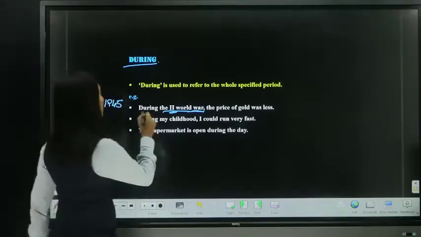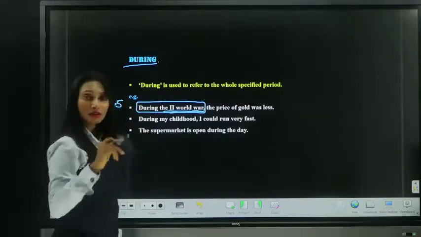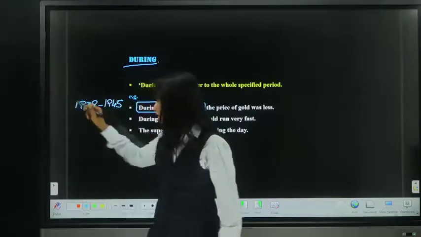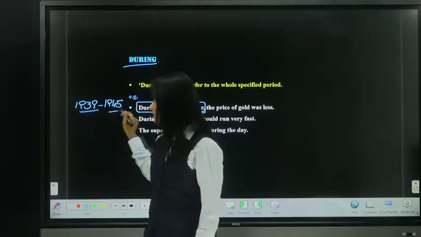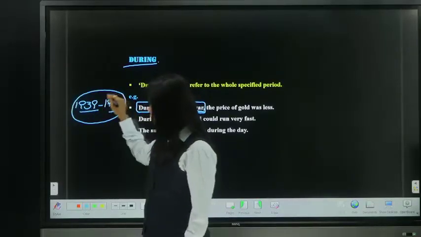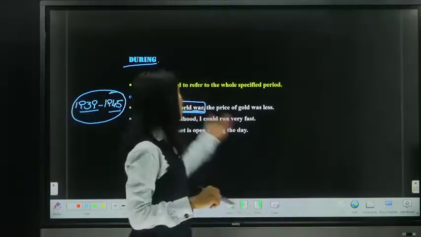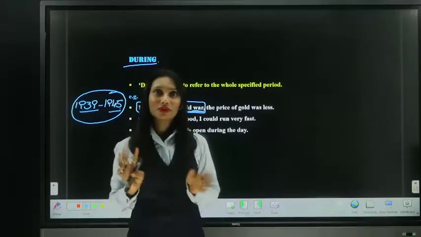So "during World War II" means not just 1 day or just the beginning, not in 1939, not in 1945. "During" means the whole specified duration. So during World War II, the price of gold was less. Now it's very high.